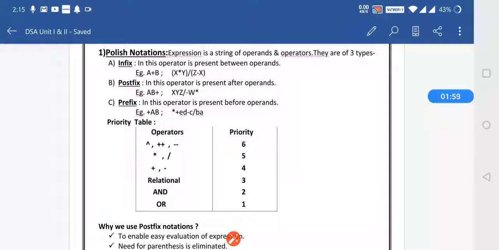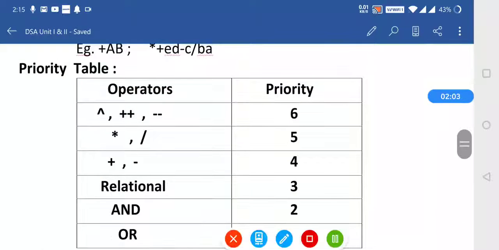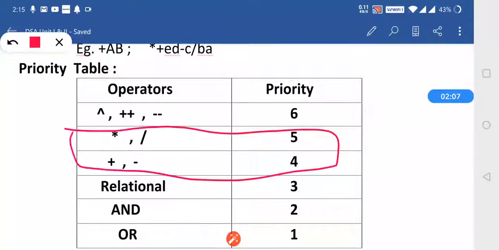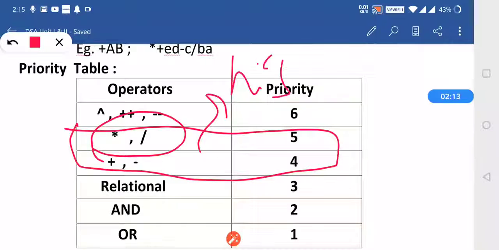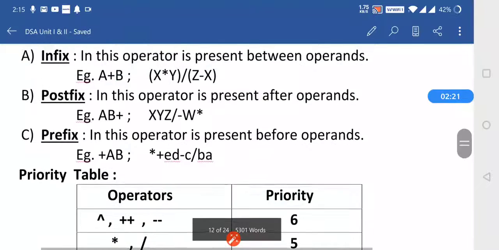Now what we mainly have to keep in mind is the priority of the operators. The priority of multiplication and division is high, and the priority of addition and subtraction is lower than multiplication and division. That is the main thing we have to keep in mind.